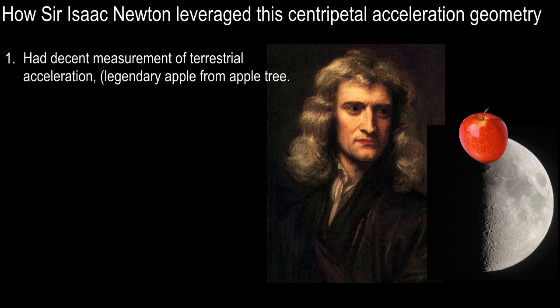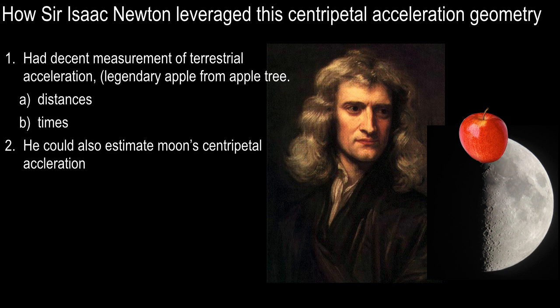So now here's what he was able to accomplish in his day. First of all, they had decent measurements of terrestrial acceleration. They weren't in the metric system in those days, but it would have come in at 9.8 meters per second squared. So the legendary apple from the apple tree, using distances times measurements, he would have been able to get a good value for that.